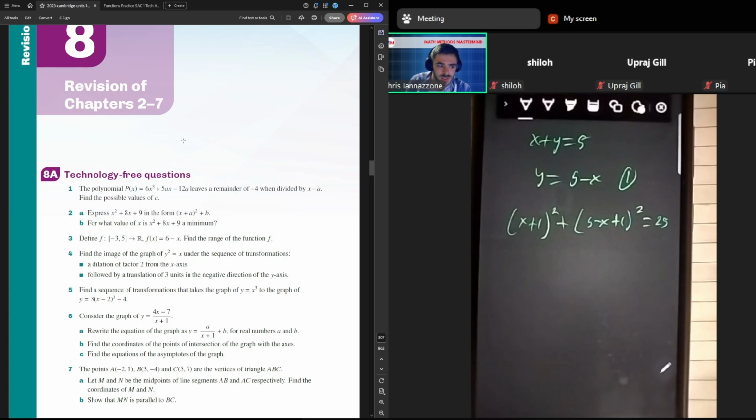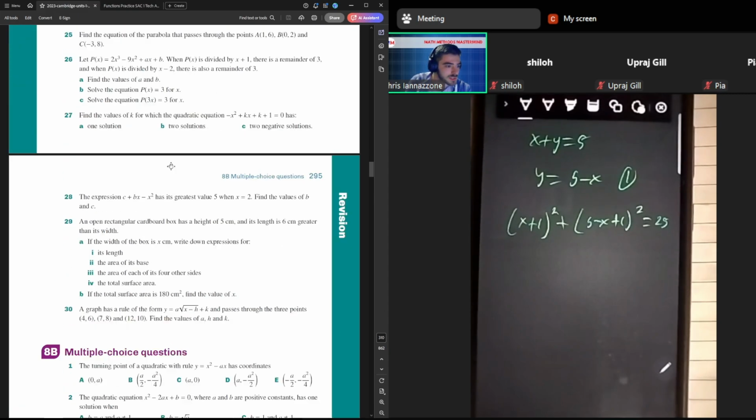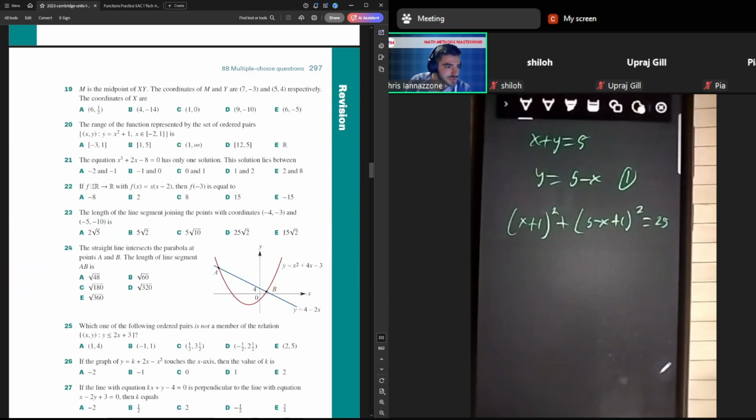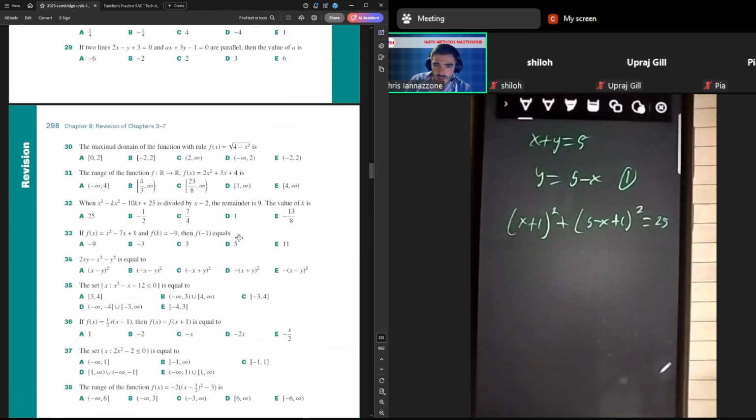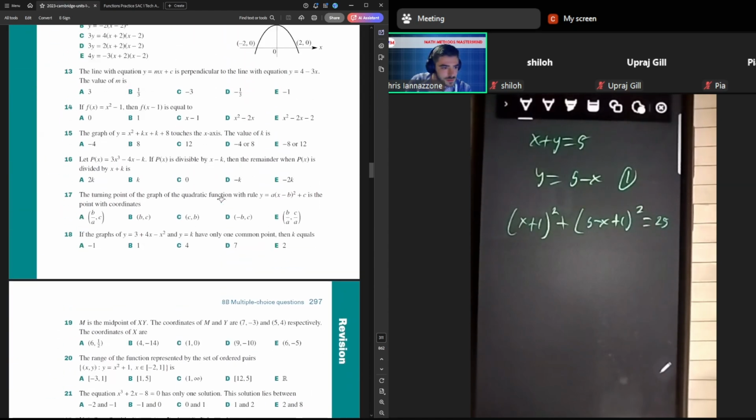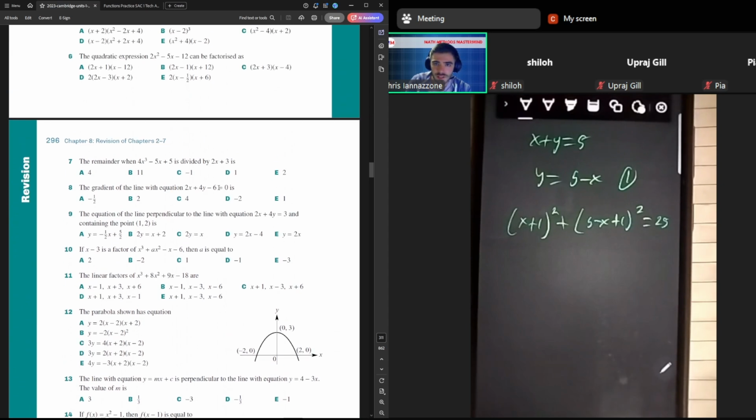I'll have to check. But anyway, this has some tech free, some multiple choice, and some extended responses. There are also the practice SACs that I have in the school group in the classroom tab. Those will be the functions and relations SACs. It'll basically be what we did here, 5 times, but to exam standard.